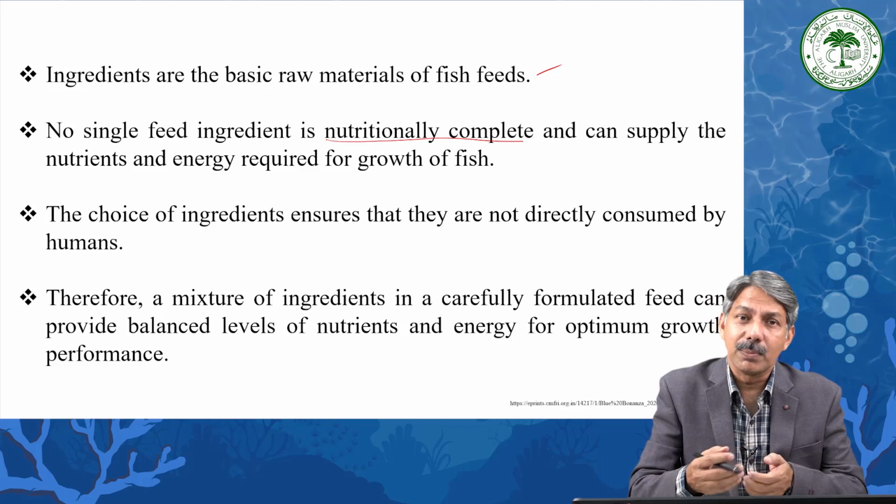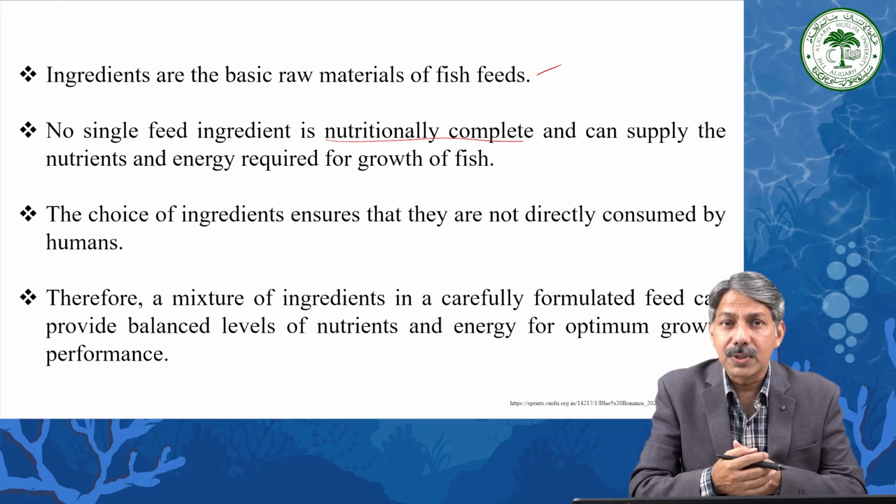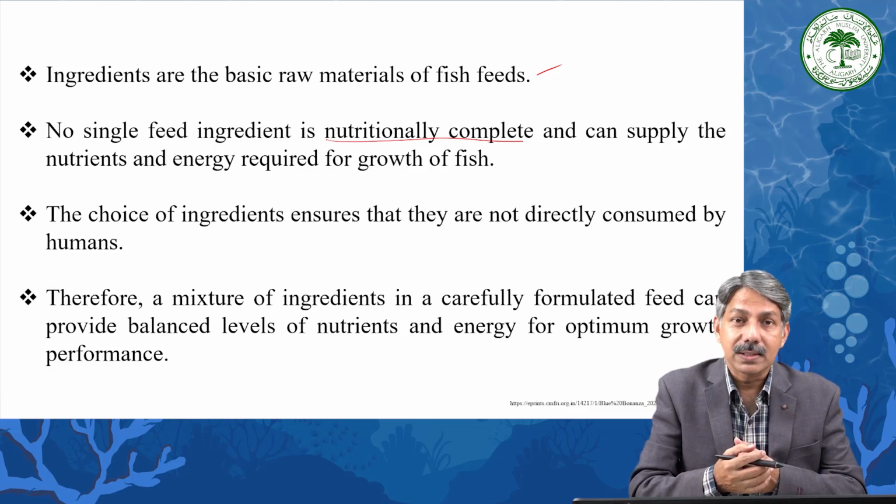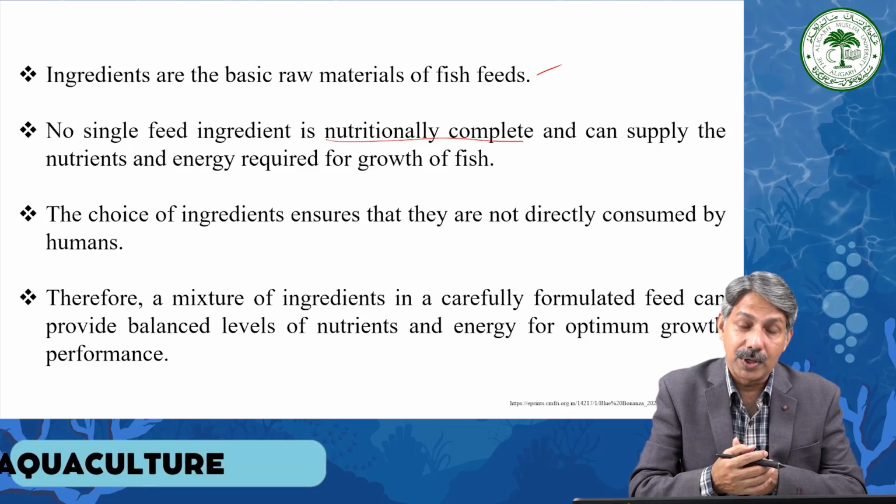Sometimes they will mix rice bran and wheat bran, or sometimes some oil cakes if they are having them. So they are not taking care of the proportion, and they are not in fact aware of the nutrients being supplied by the ingredients present in the fish feed.